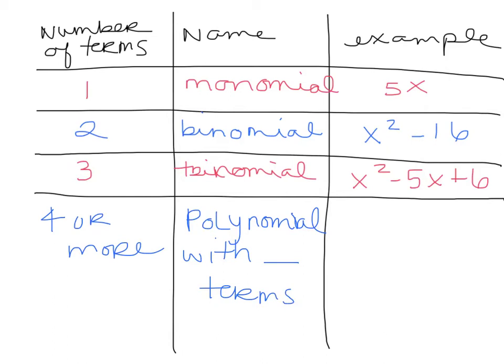So for instance, if I were to give you x to the 4th plus 3x squared minus 6x plus 7, okay, there's the x to the 4th, the 3x squared, the minus 6x, and the 7. So we would call this a polynomial with 4 terms.